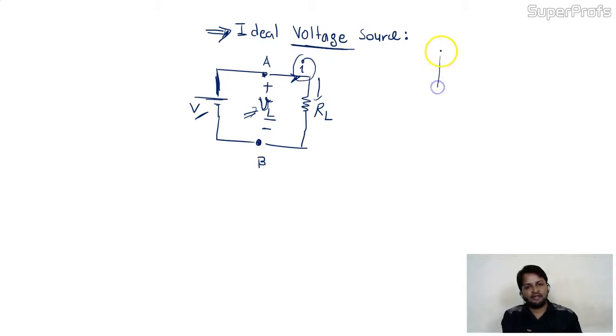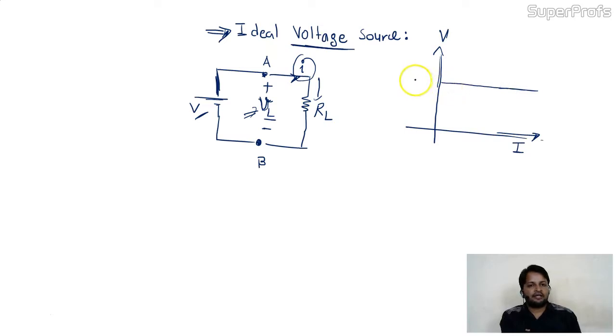Means the VI characteristics, if you will see, here the x-axis is current I and this is the voltage. Now what I am saying, whatever current you fetch, the value of VL will not change, and VL will always be VS, the source voltage, like this.